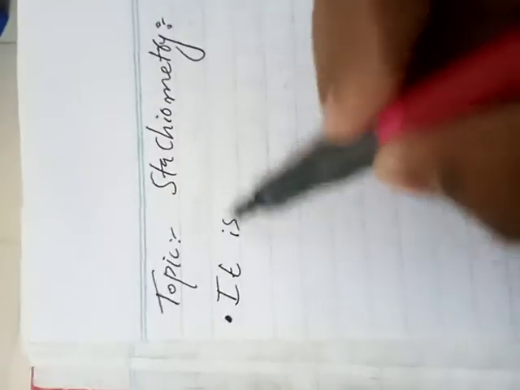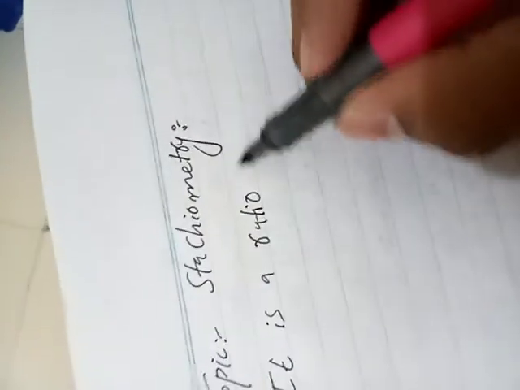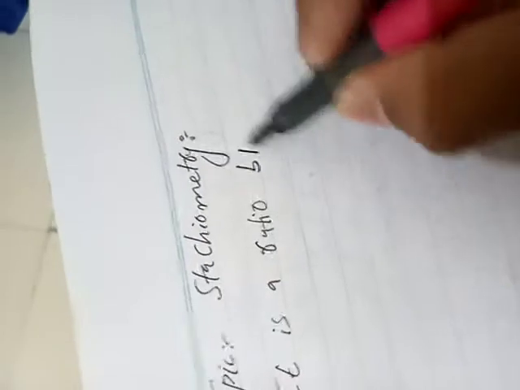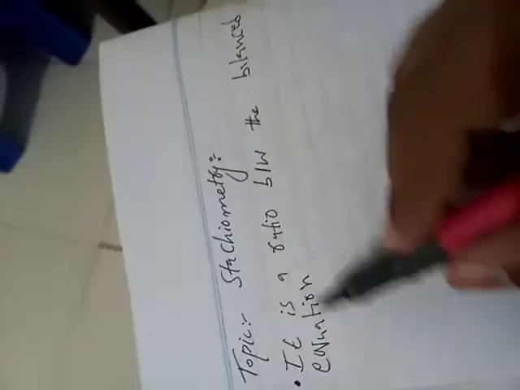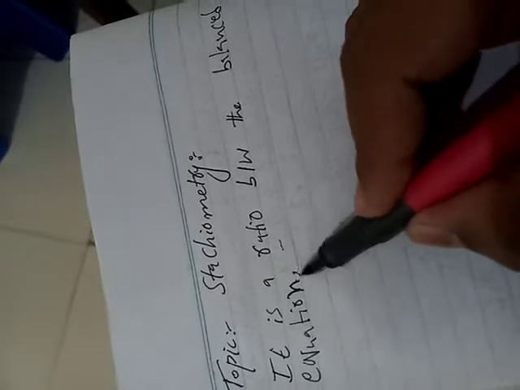It is a ratio, or you may say a relation, because ratio means a relation, between the balanced equation. As you know, in ninth class we have already studied balancing equations. And what does it determine?